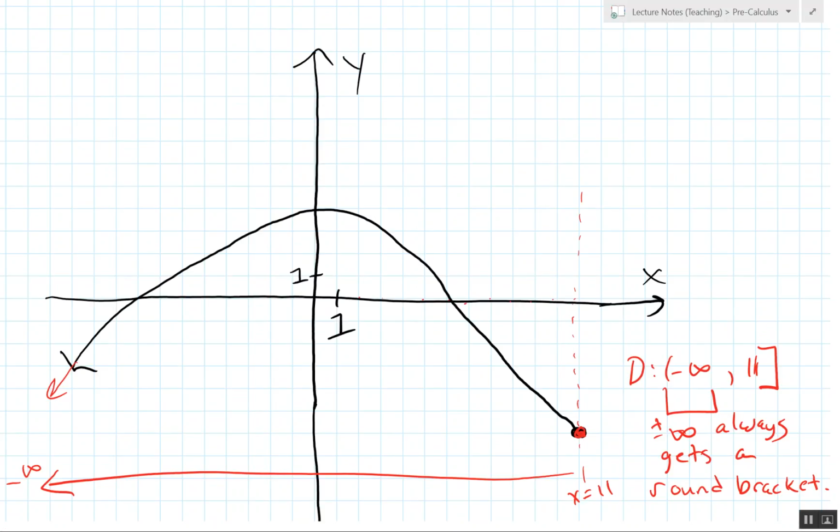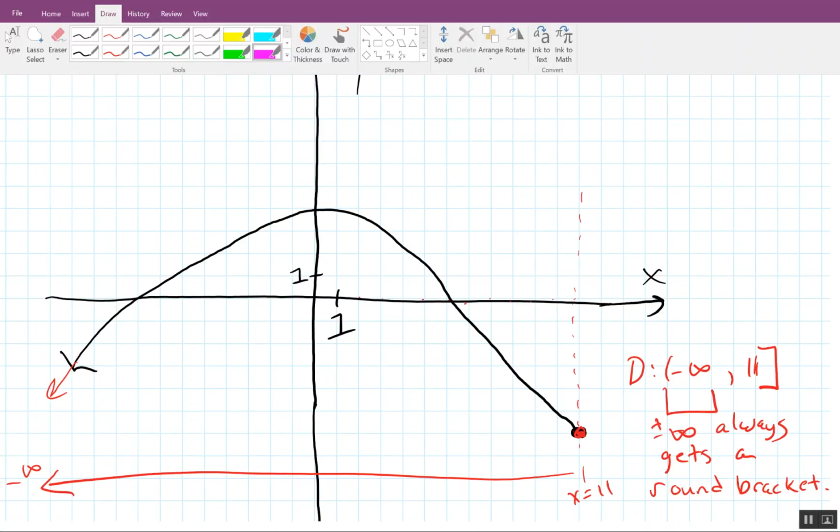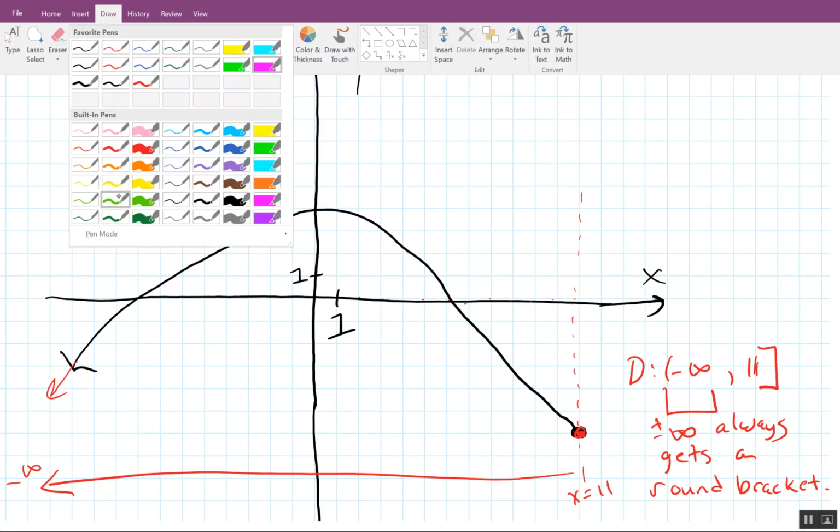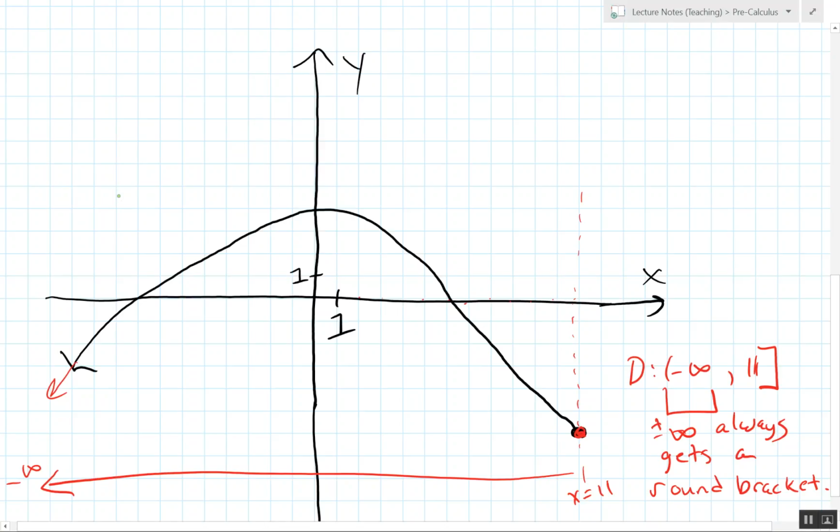So now let's look at the range. Let's go back to our other color, green. Notice our highest point for y values is going to occur along this line, y equals 4. And again, we're going to encounter the same phenomenon.